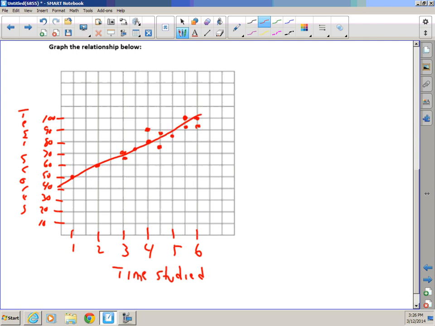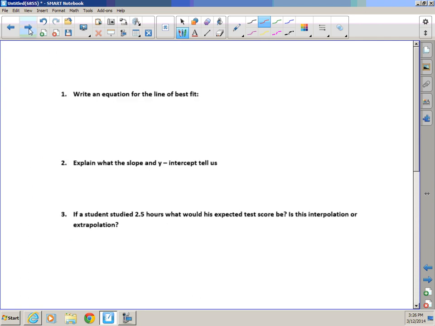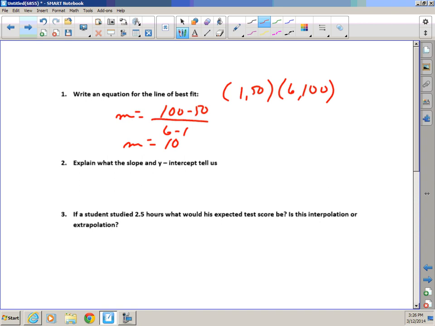I'm pretty good. All right. And the way you would do this, you obviously wouldn't do this by freehand. You would do it with a straight edge ruler where you can see that you have an equal number of points on each side. So now, since I went through (1, 50) and (6, 100), I can now find that my slope is 100 minus 50 over 6 minus 1, or 10.